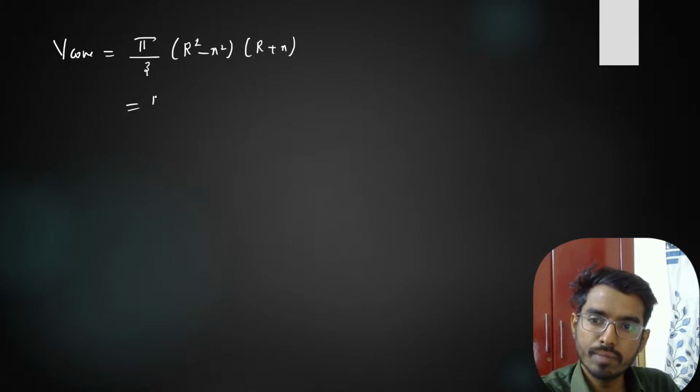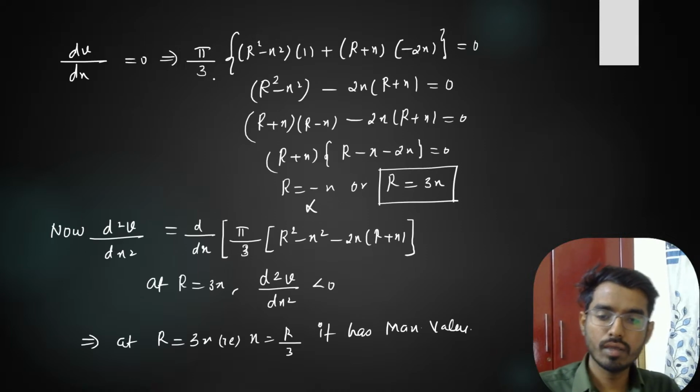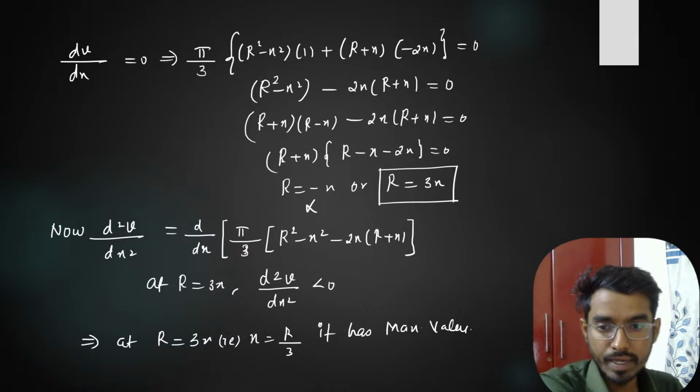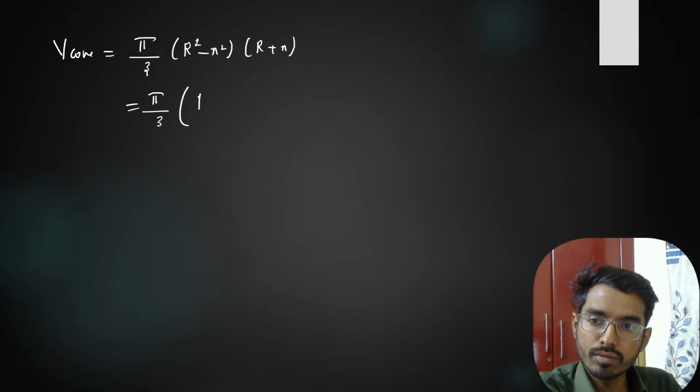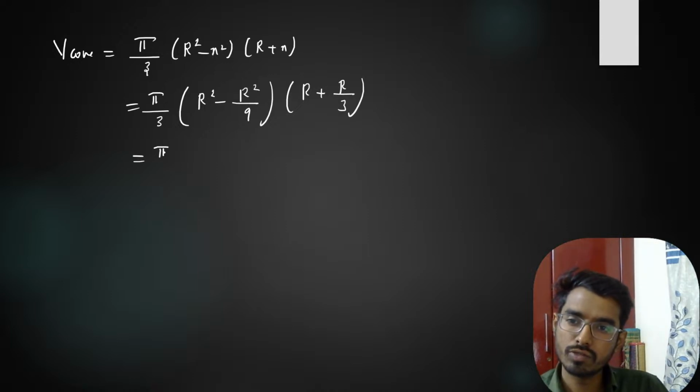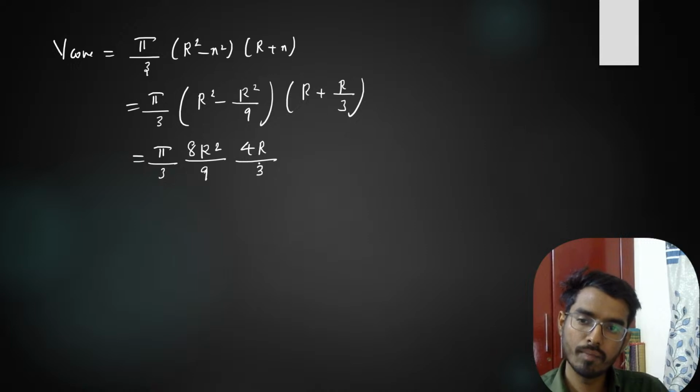Now you just substitute x is equal to r by 3. The square is r square by 9, r plus r by 3. So we will have pi by 3, 8 r square by 9, 4 r by 3.